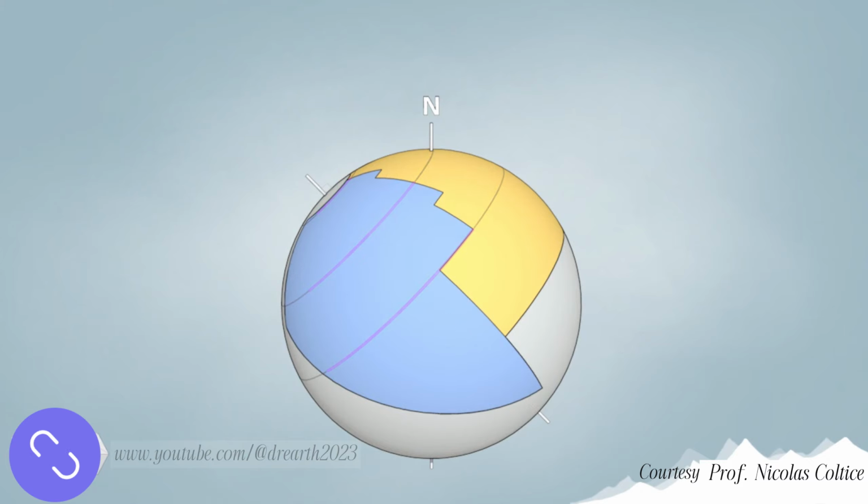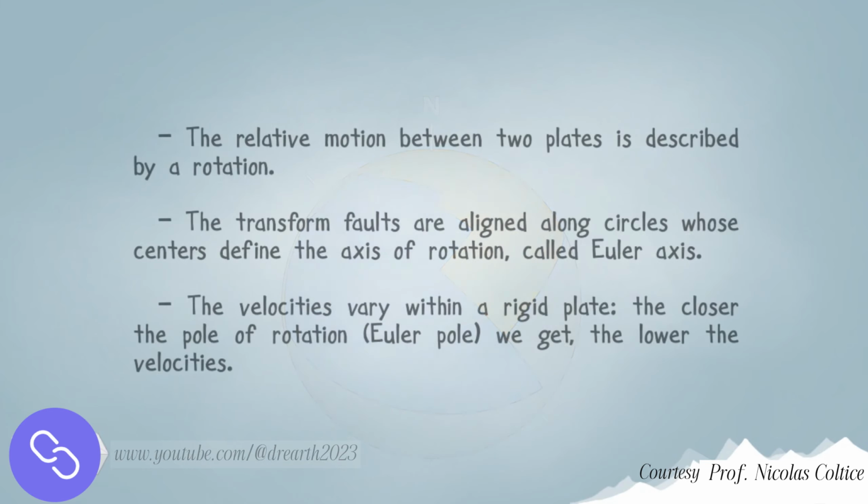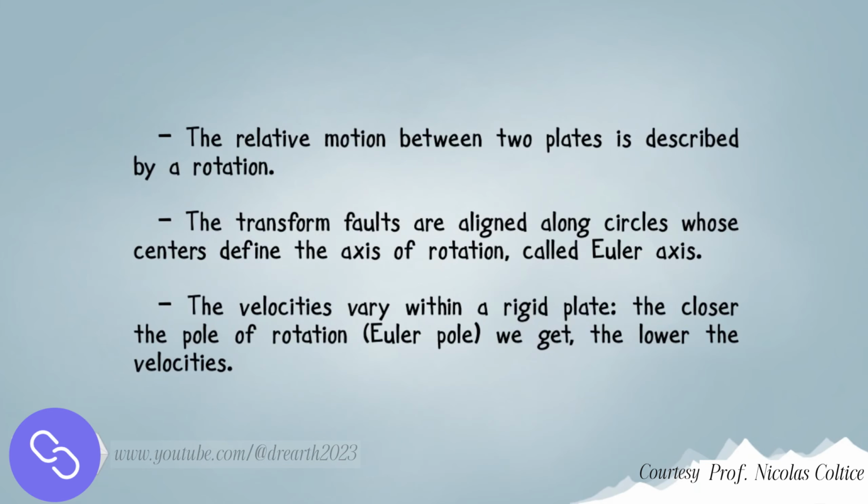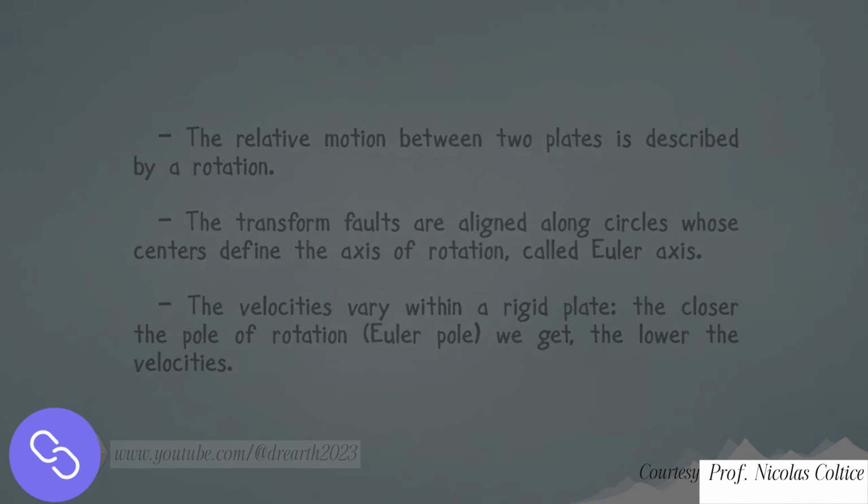It's described by rotation, as you can understand, and the plate motions are along the Euler axis, and the velocities will be varying across different plate boundaries, and it's pretty low. We don't really feel that. When do we feel that? It is when we see this in the form of earthquakes.